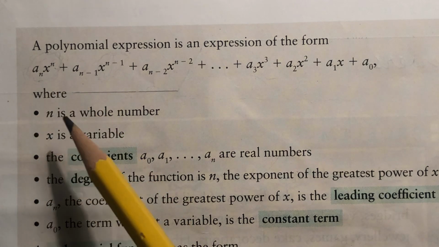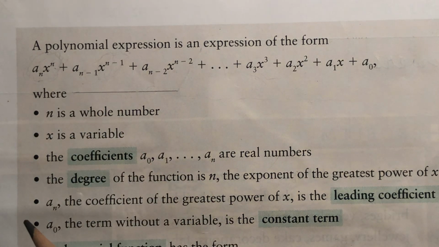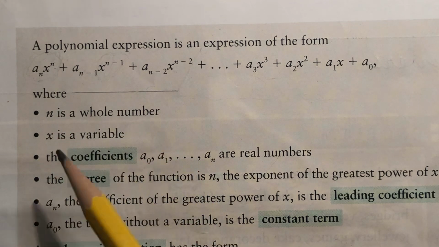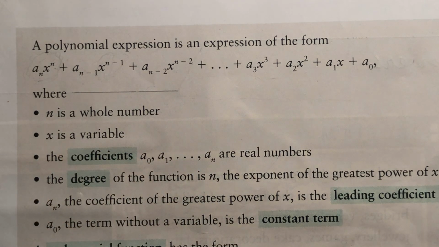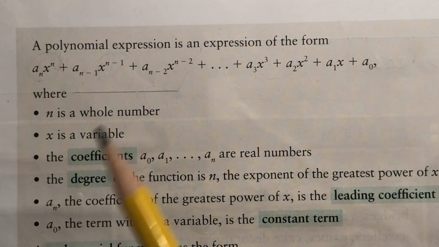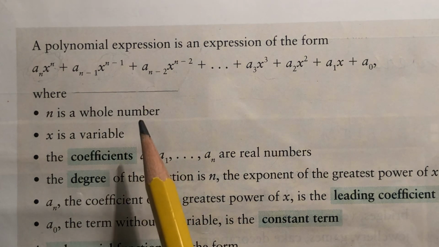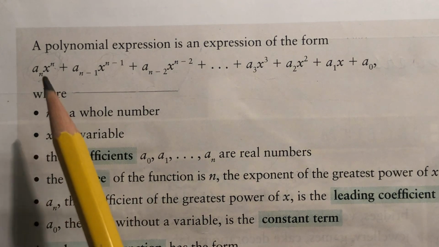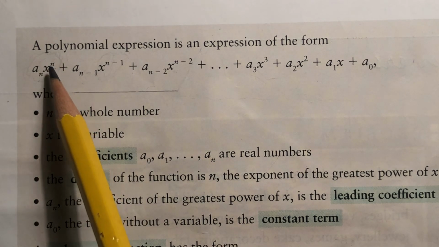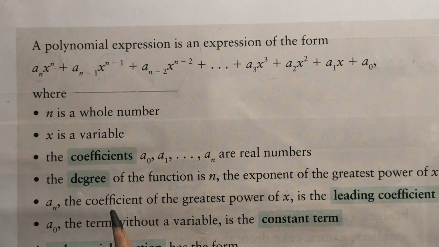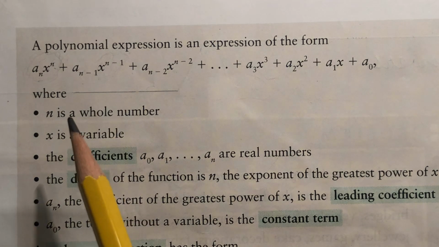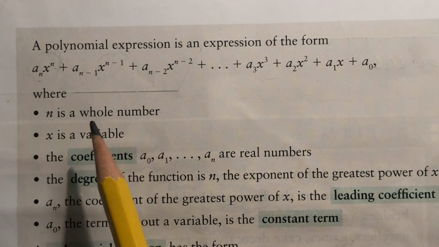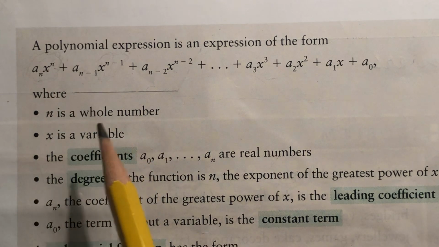N is a whole number. Actually, it's not just a whole number. It has to be a positive number, because whole number can be -1, -2, -3. You cannot have a negative here. N is not negative. In addition, n cannot be decimal. Okay, because n has to be a whole number.